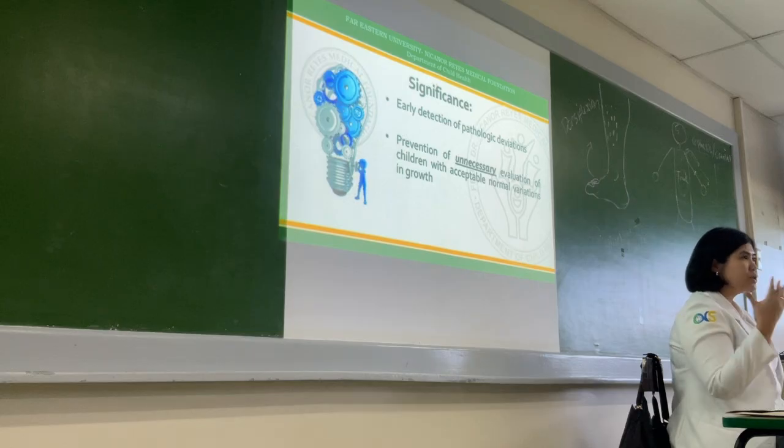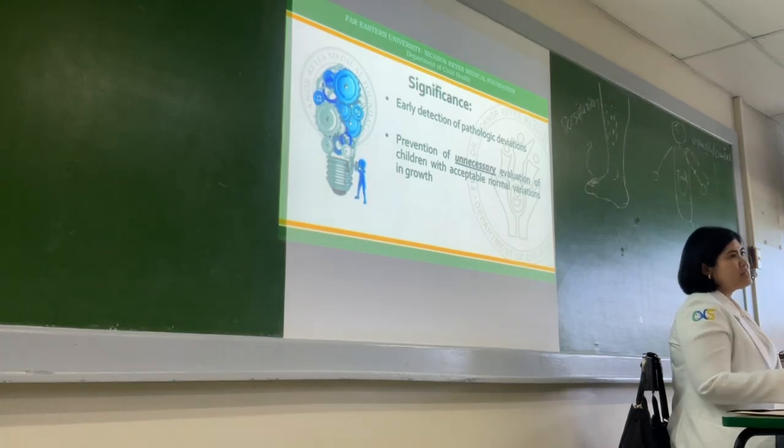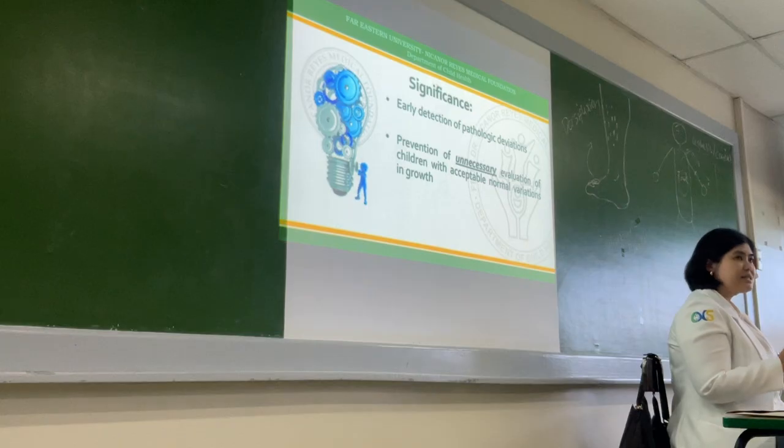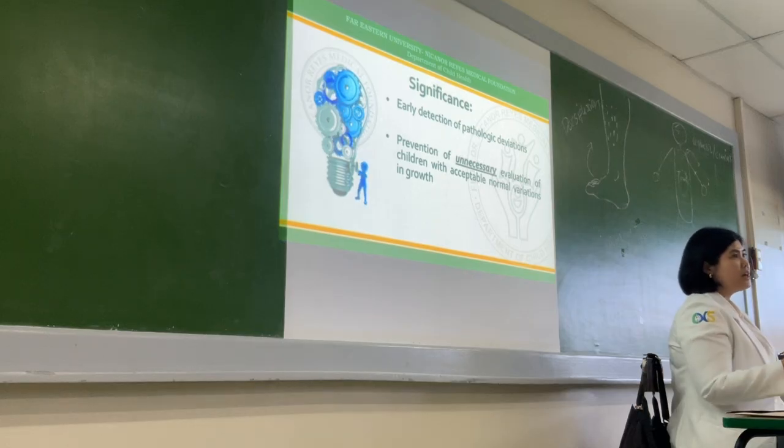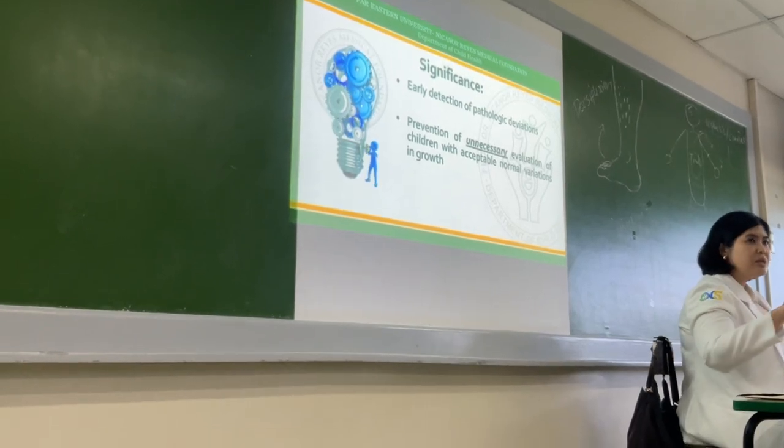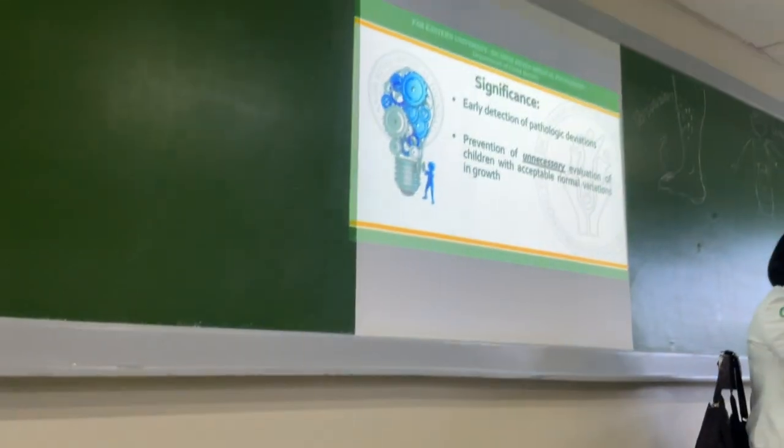So you can early detect that there is something going on with the child, and then you can also minimize unnecessary laboratory requests, tests, imaging, because when you look at the pattern, it seems that it's still within the normal range of growth, or if it's already pathologic, you can already streamline what tests you need to request for this child.